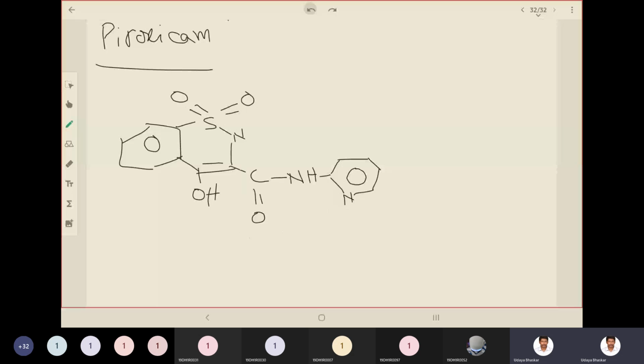What is RA? Rheumatoid arthritis. And what is OA? Osteoarthritis. Coming to the next category, that is aniline and para-aminophenol analogues. Examples are phenacetin.